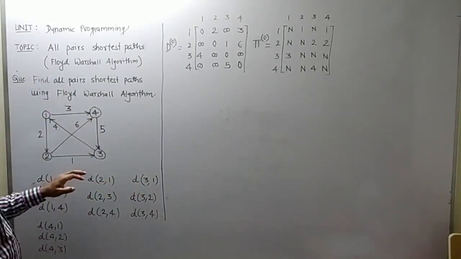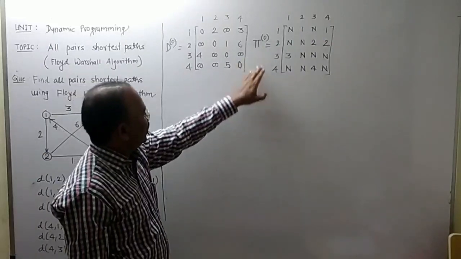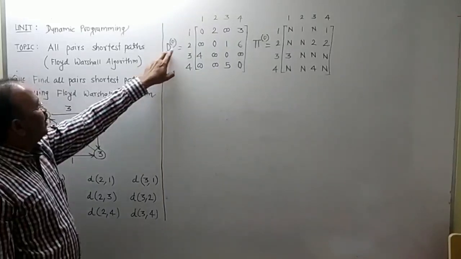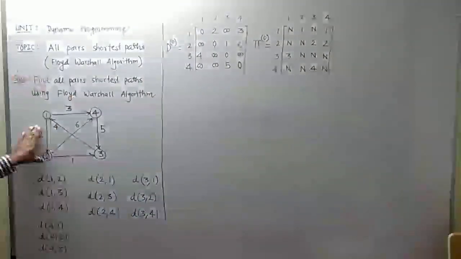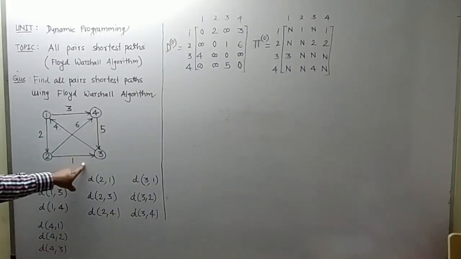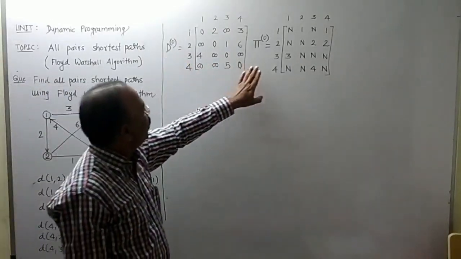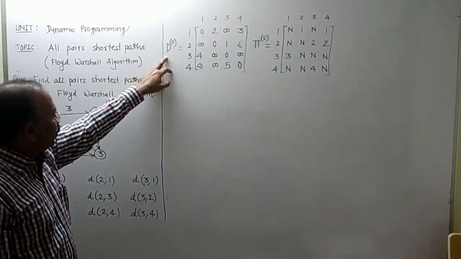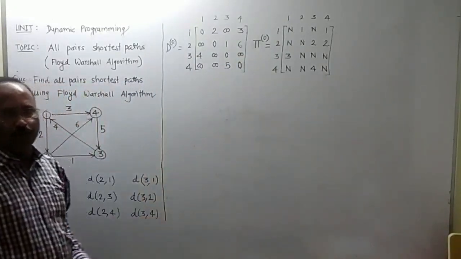There will be a total of 5 distance matrices and 5 predecessor matrices. Here we have started from D0, and the last distance matrix will be D4. As the number of vertices is 4, there will be 5 distance matrices and 5 predecessor matrices, starting from D0 to D4, and similarly pi 0 to pi 4.